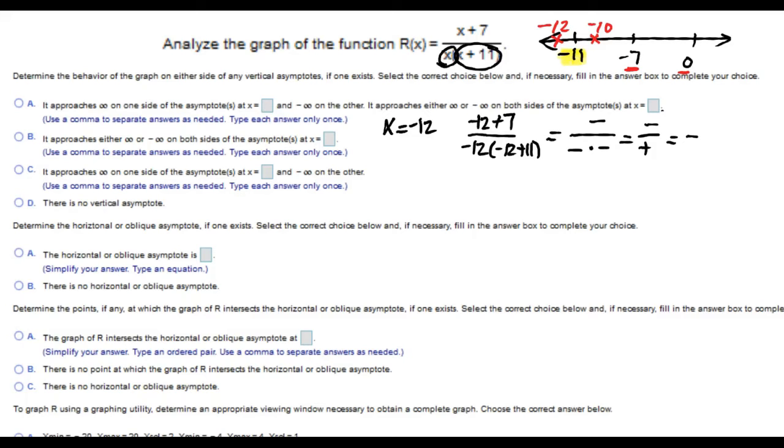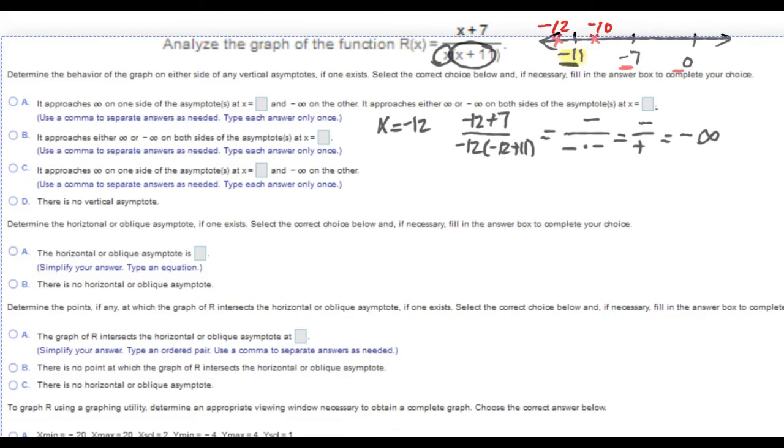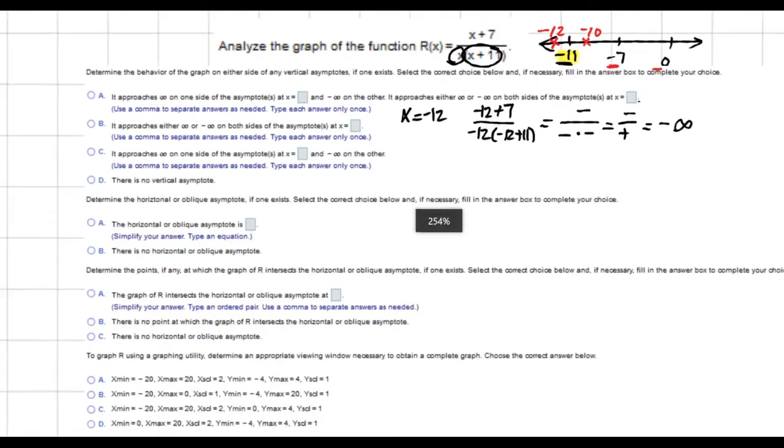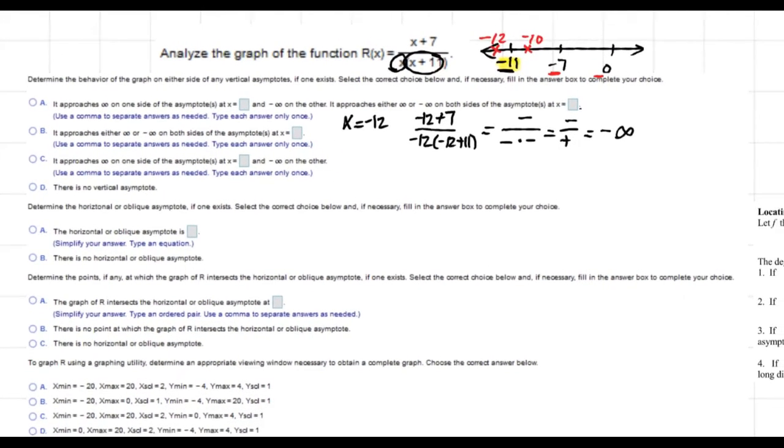So what that indicates to me is that on the left side of this vertical asymptote, our y is going to be approaching -infinity. Just to give a clearer picture, when we draw our graph at -11, our graph will approach -infinity on the left-hand side.